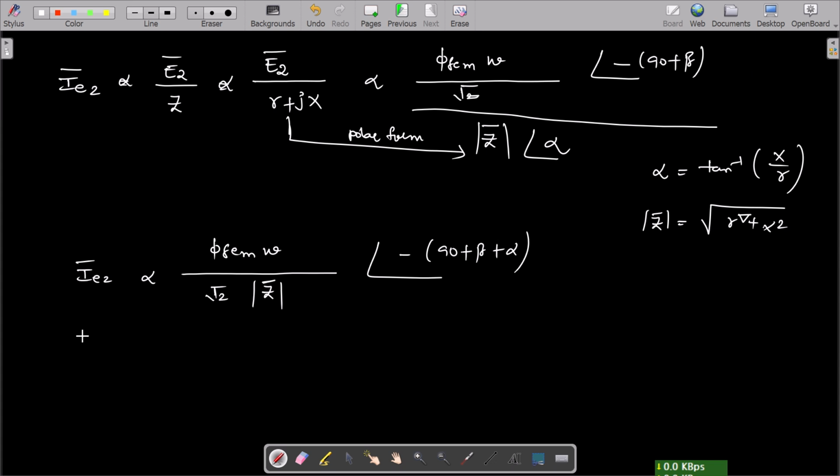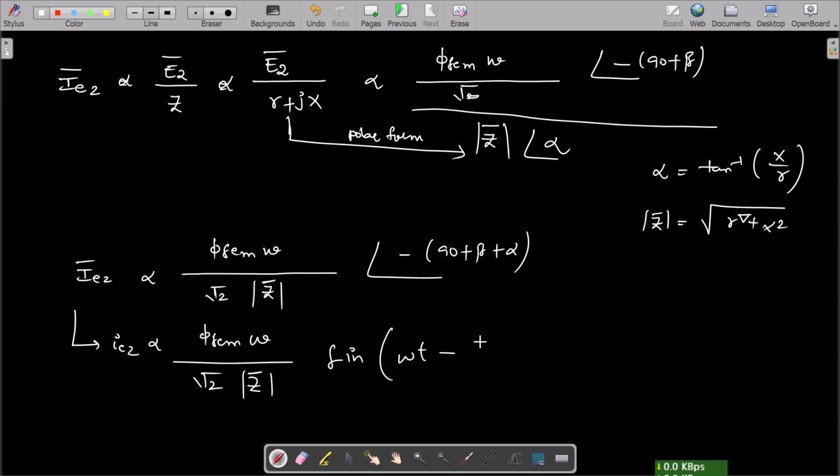You can write the time domain form of this equation: IE2 will be phi SCM omega divided by root 2 times Z bar magnitude, sine of omega t minus of 90 plus beta plus alpha.